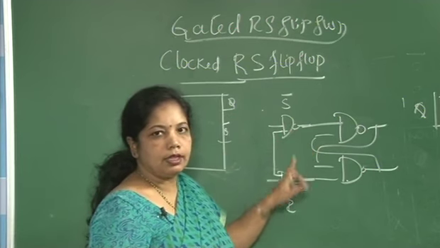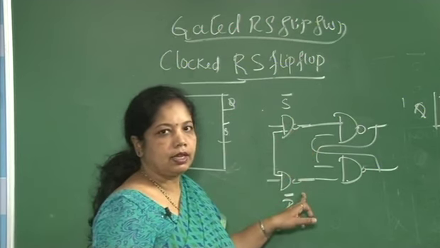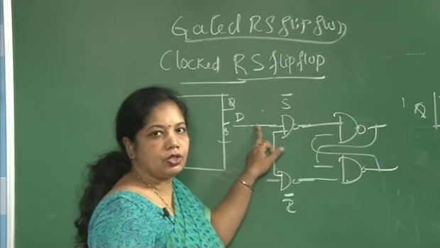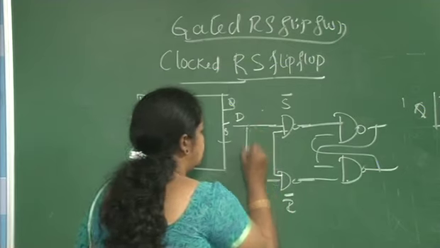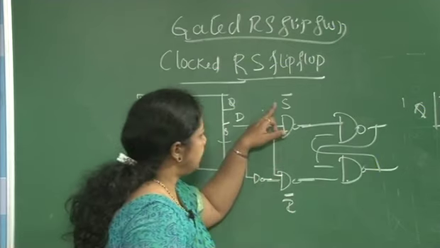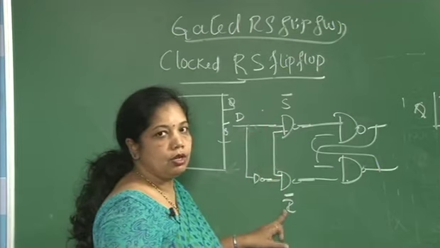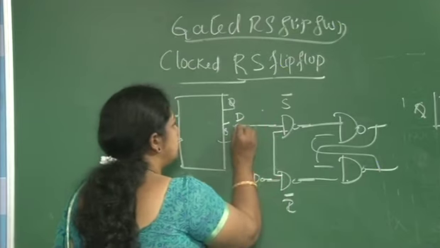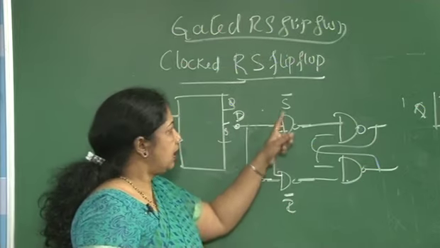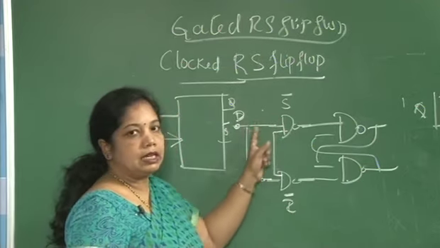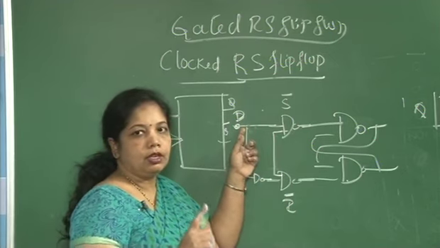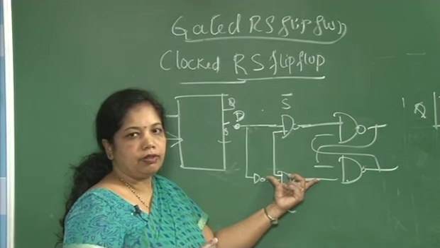This is the S input, this is the R input. If I short these two signals through a NOT gate, I am connecting the S input and R input through a NOT gate and giving a single input, that is called D. Whenever I connect these two, S and R, and treat this as a single input, then this becomes a D flip flop.